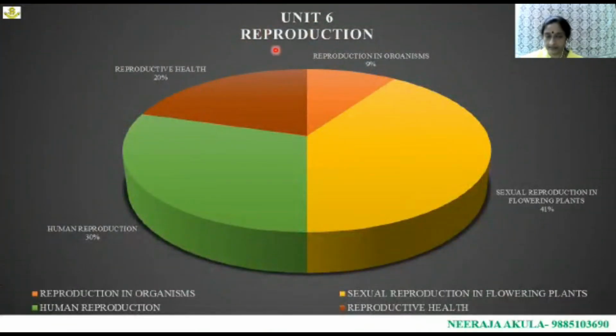Unit 6, reproduction. 4 chapters are there: reproduction in organisms, sexual reproduction in flowering plants, human reproduction and reproductive health.